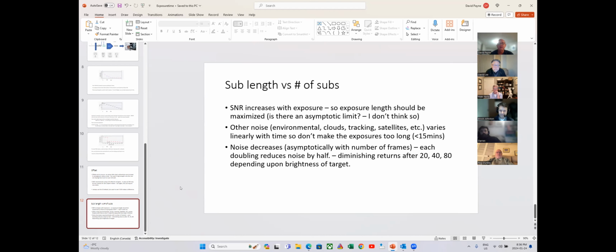The other thing, since both more subs and increasing the exposure length both increase the signal to noise ratio of your result, you really want to look at what is a reasonable exposure time for the target I'm looking at, and how much total time do I have to spend on that target?